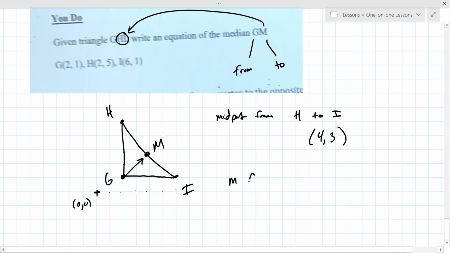So the slope from G to M, can you calculate that for me?